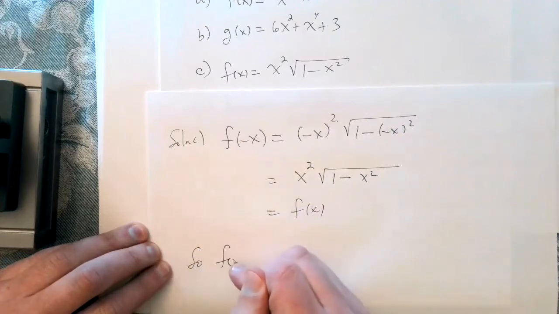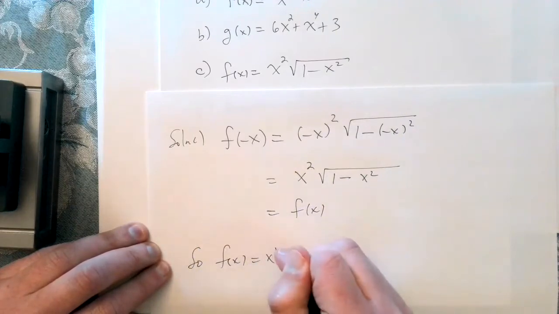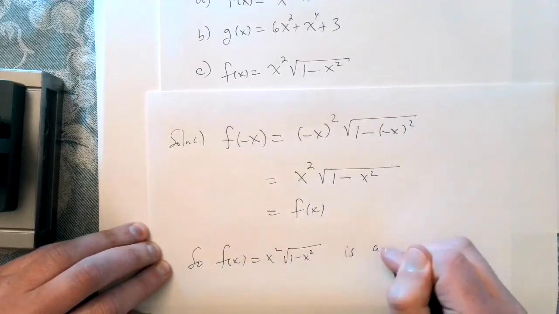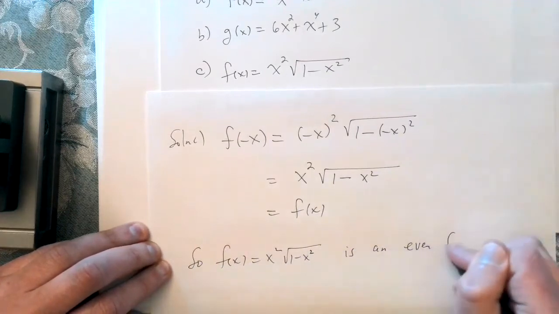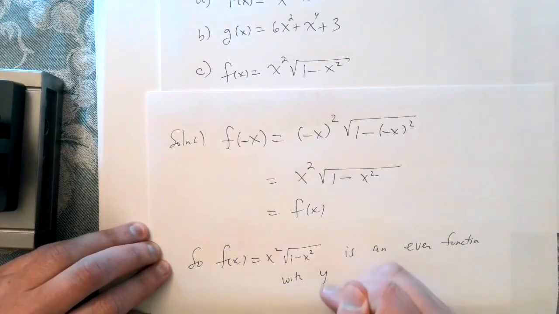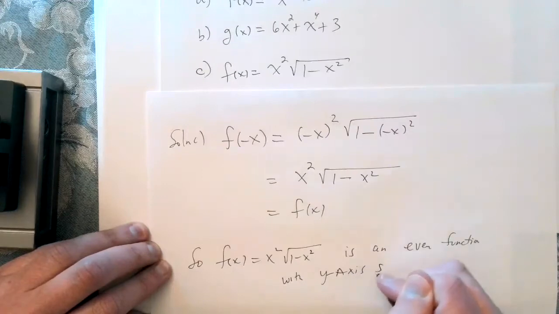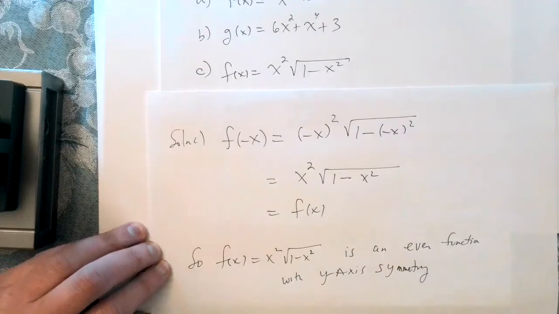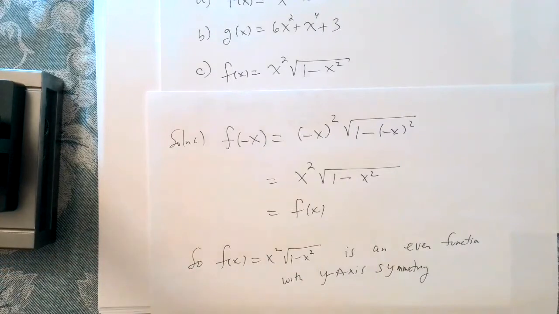And so f of x equals x squared times the square root of 1 minus x squared is an even function with y-axis symmetry. Okay, not so bad.